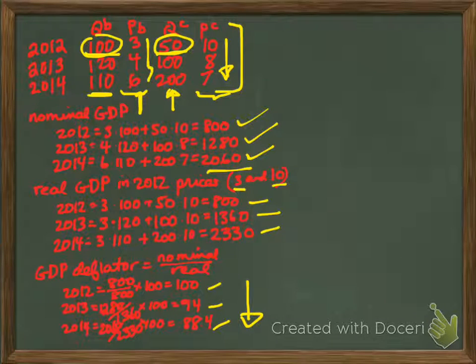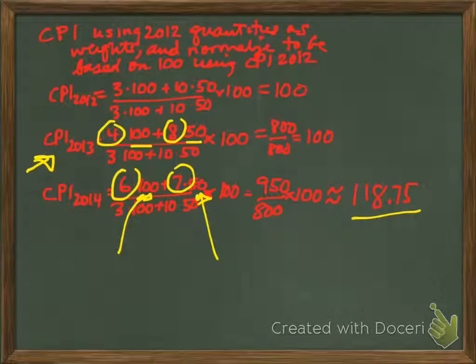So the price of bread doubles, and it has a higher weight compared with circuses, which is only 50. So even though the price of circuses goes down by 30%, since it doesn't have a big weight in this consumer price index, the price index is weighted by the 2012 quantities, then overall prices are rising.